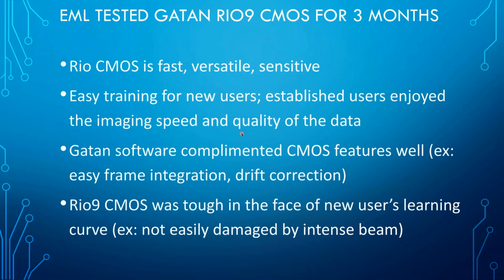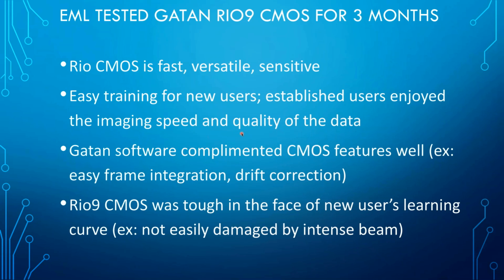We also are a user facility with a wide range of talents among our users, and so some people are a little rough with our equipment. I think any core facility will know about this, and we like to get people in the facility and get their hands dirty and get them on the microscopes working by themselves.